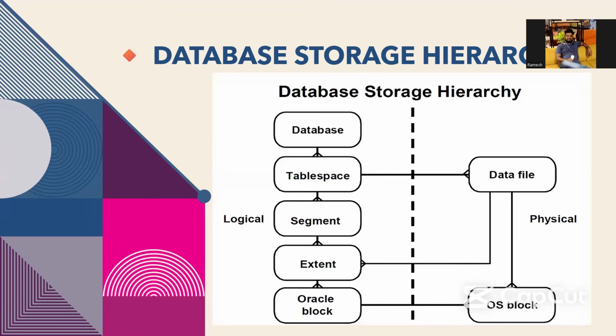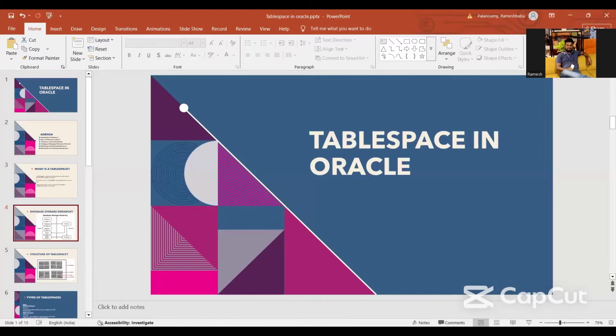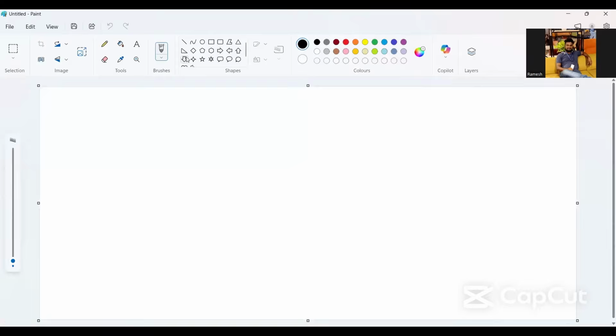And so this is our hierarchy. Now first we consider the database. So this is our database, right? Before going further, I will show you in Paint so you can understand easily. Just listen here.